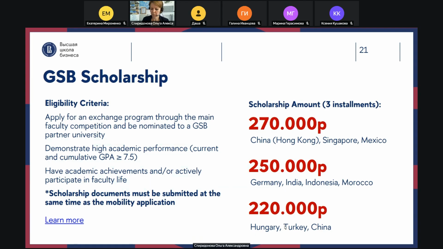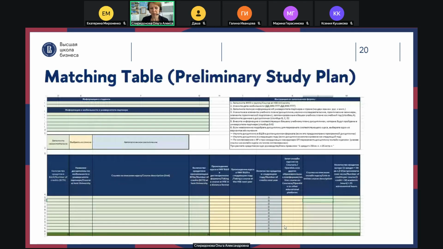I think there will be some questions, for example, what to do if you don't find some courses. You can use educational platforms like Coursera or some others. Maybe you know better, or you can ask your study office managers.